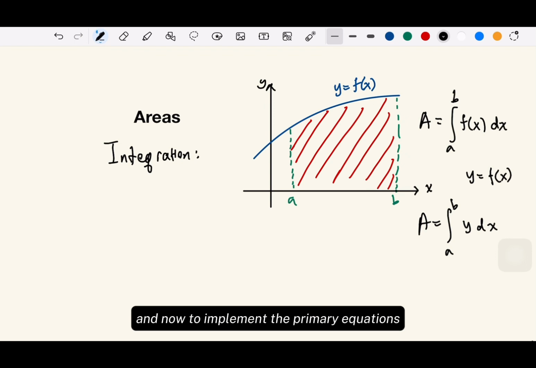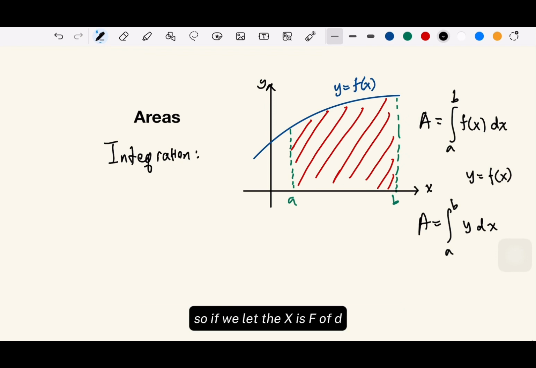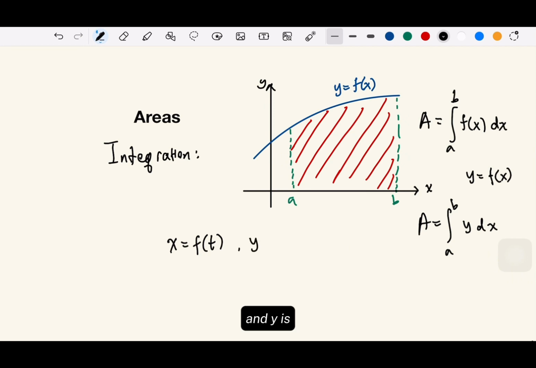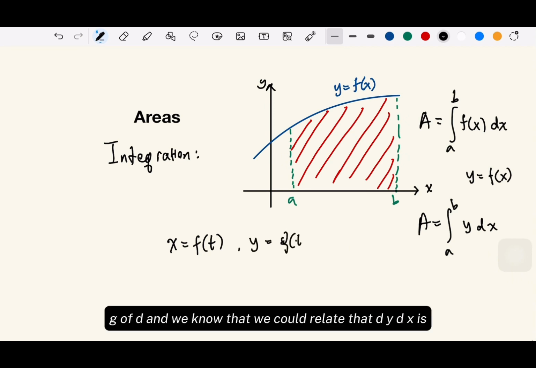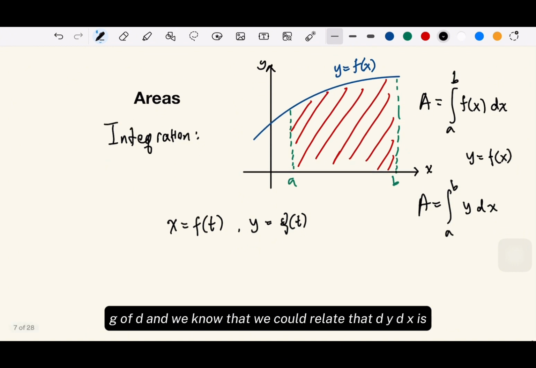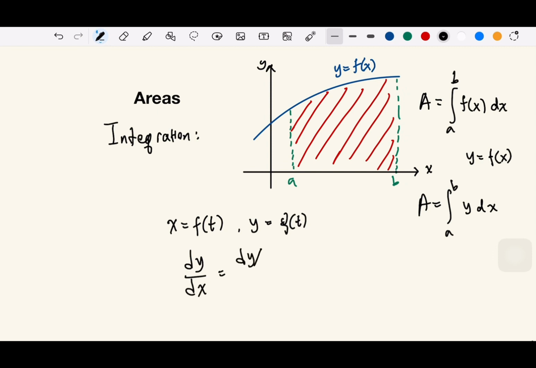And now to implement the parametric equations, if we let x be f of t and y be g of t, we know that we could relate dy/dx by the chain rule, this way, right?